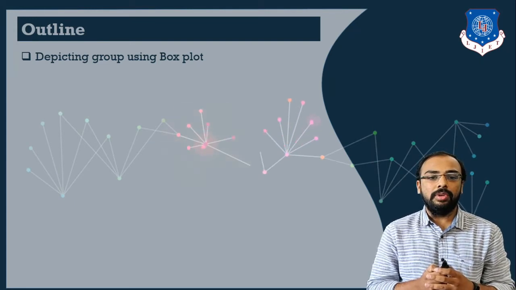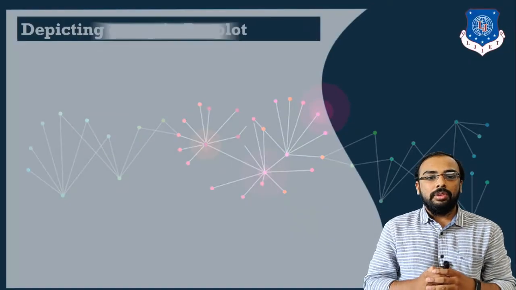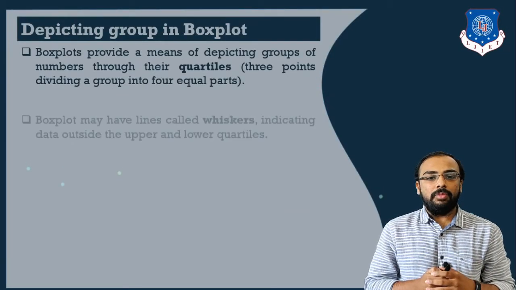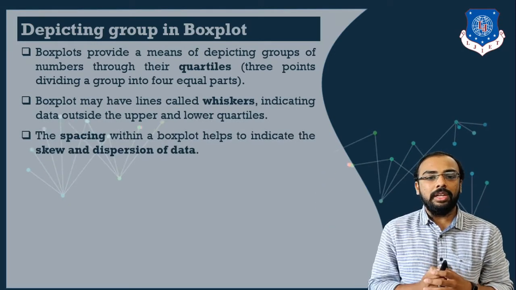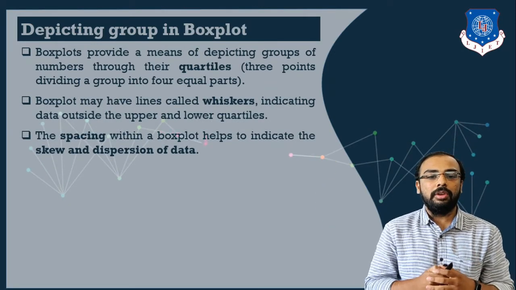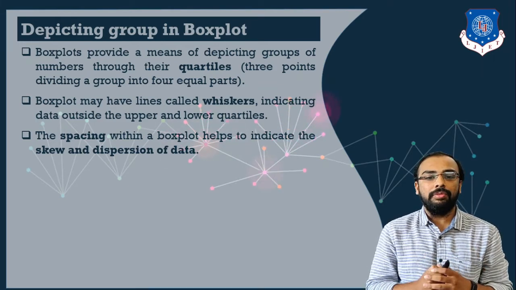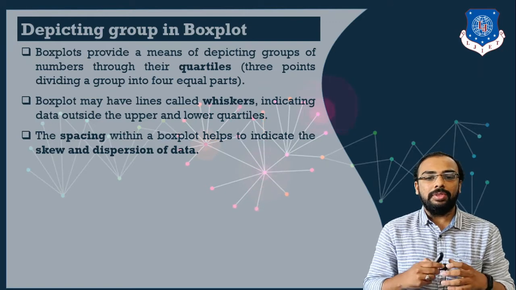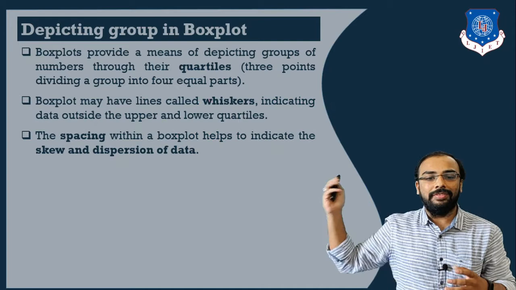Now let us move towards dissecting groups using box plot. So how can we depict groups in box plot? Box plot provides us a means of depicting groups of numbers through their quartiles. There are 3 points which divide a group into 4 equal parts. There may also be lines which are known as whiskers.